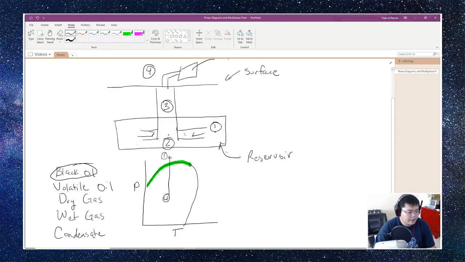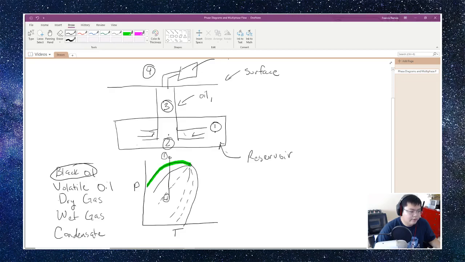So at part 3, what happens is that the liquid in the black oil reservoir crosses the bubble point line and reaches this area here, which can be considered as the two-phase area. Now, in this two-phase area, which is number 3 over here, we have oil.